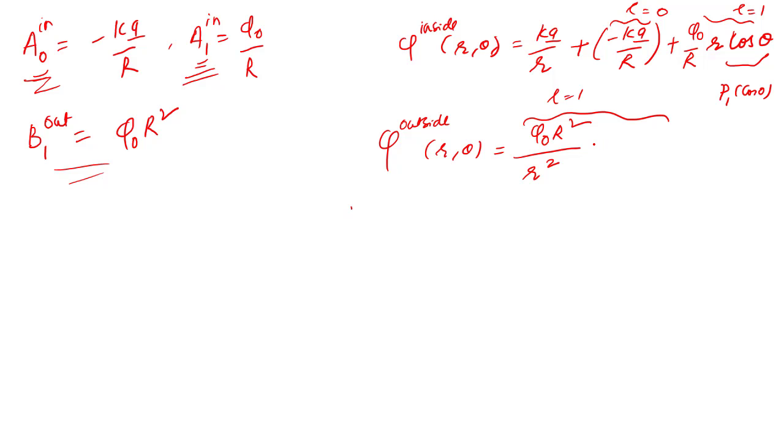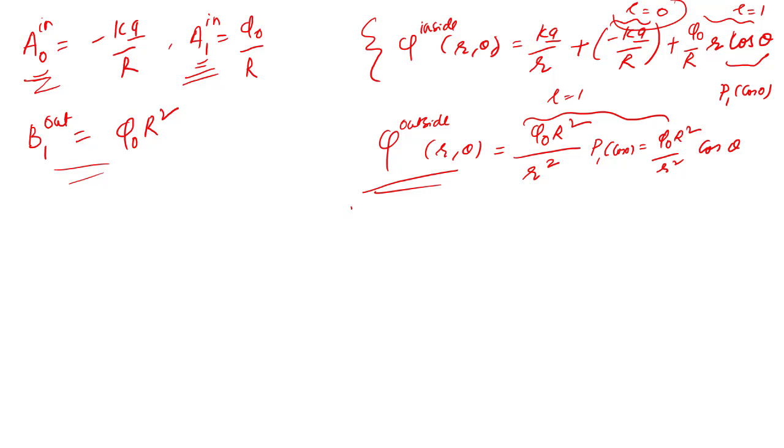And then times P1 of cosine theta, or that is equal to phi 0 R square by R square cosine theta. So outside in this example there is no L equal to 0 term because there is no charge outside. For the inside we have an L equal to 0 term as well because there is a point charge. So to balance that out at the boundary condition, we had to introduce this L equal to 0 term.